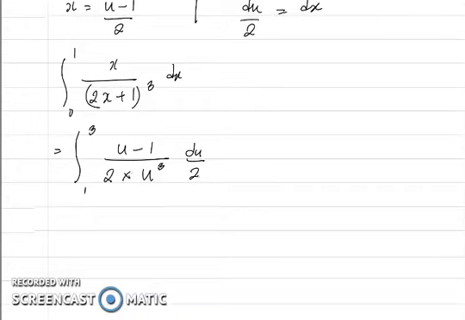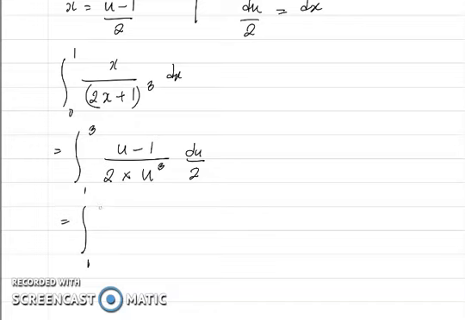So the 2 times 2 here is 4. So this becomes the integral from 1 to 3, 1 over 4 times the integral, and this is u minus 1 over u cubed du.